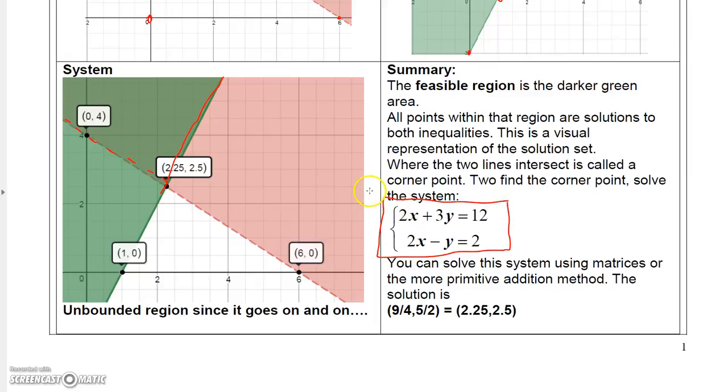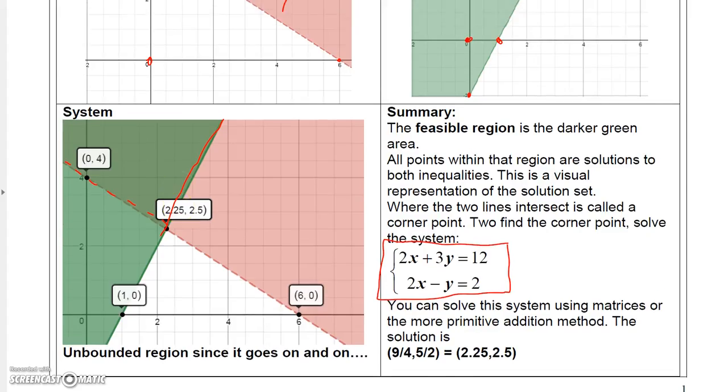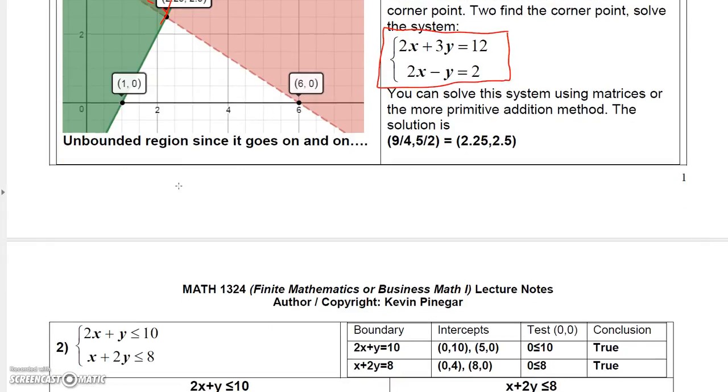You could just use a calculator and do RREF if you wanted to. Put that in an augmented matrix form and solve it, and you would get 9/4 and 5/2, which in decimal is 2.25 and 2.5. So anyway, that's how you solve a simple system.